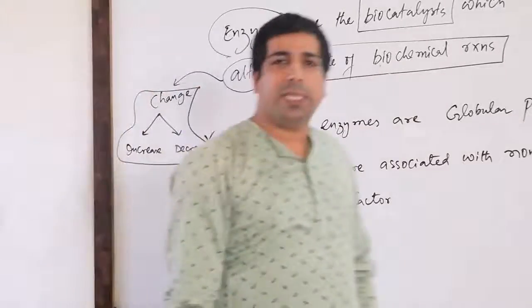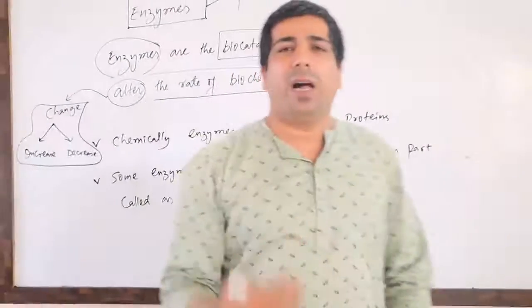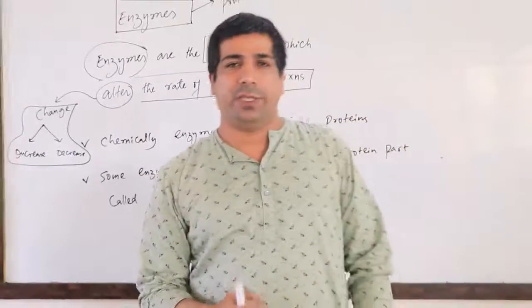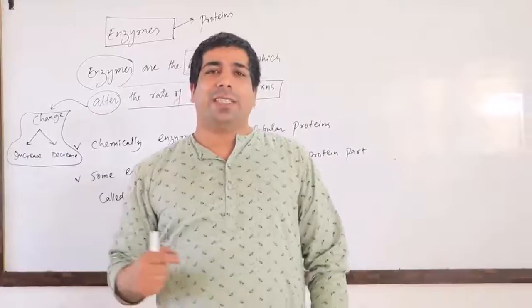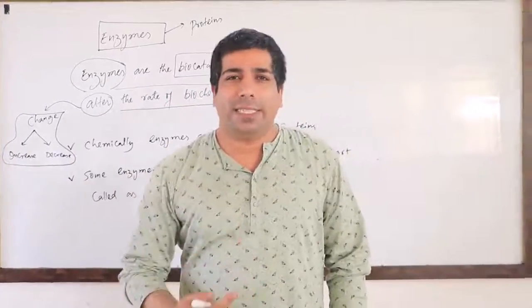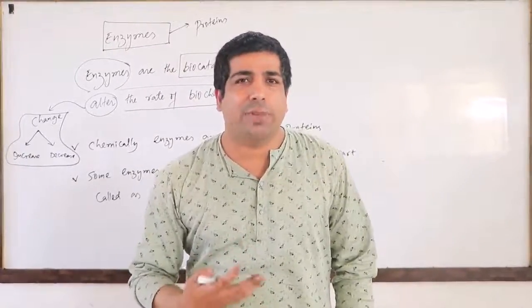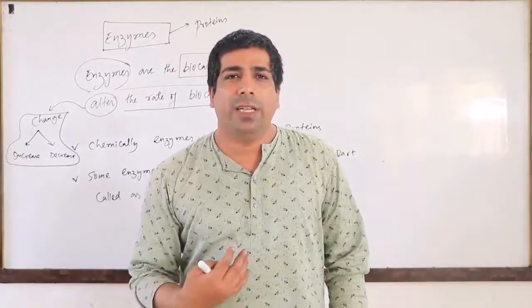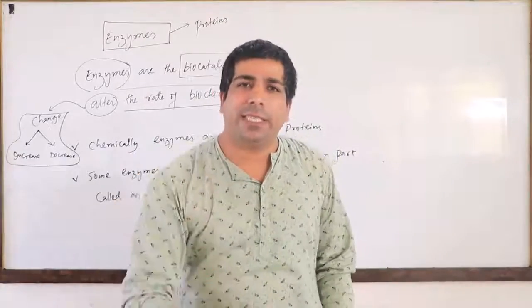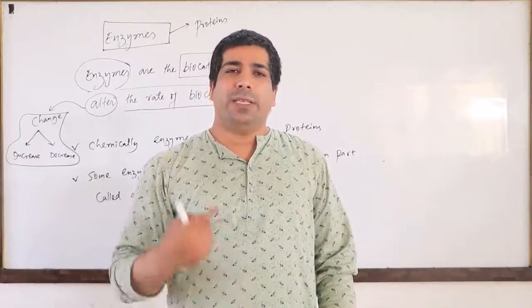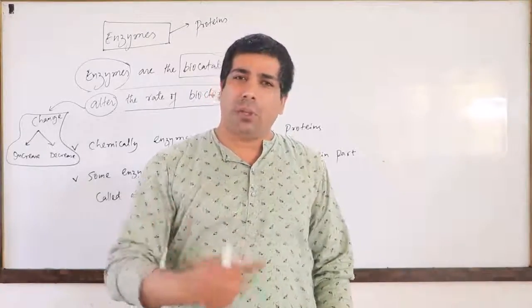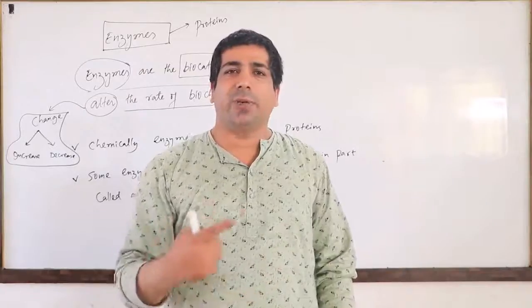So enzymes in our body will alter the biochemical reactions. They will alter the rate of biochemical reactions. That means they will either speed up the reactions in our body or they will decrease the speed of the chemical reactions in our body. So the enzymes can be either positive catalysts or negative catalysts.